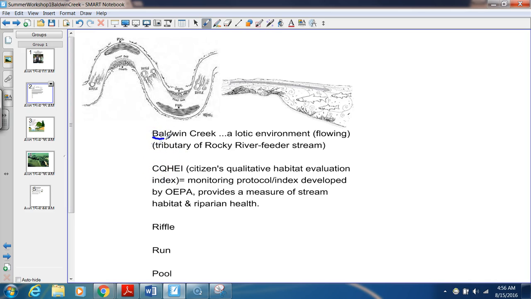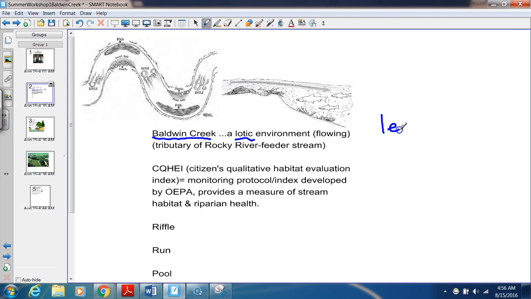So again, this was in Baldwin Creek, and Baldwin Creek, in any flowing body of water, is considered what we call a lotic environment. It's one that's flowing. And what's interesting about lotic environments is that the abiotic or non-living factors in it, like pH, temperature, dissolved oxygen levels, nitrogen, phosphorus levels, are significantly different than environments that are not flowing, like a lake or a pond, and those environments are called lentic.